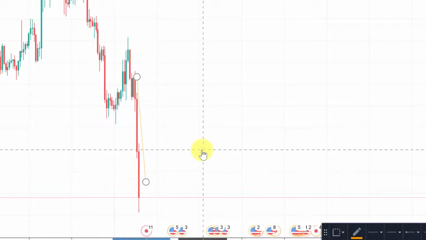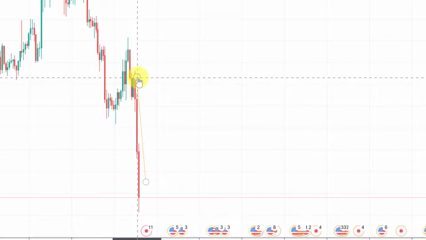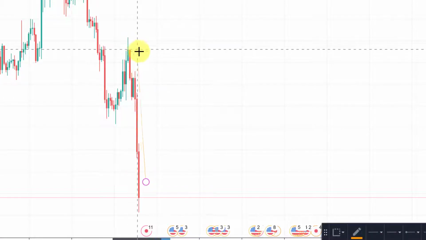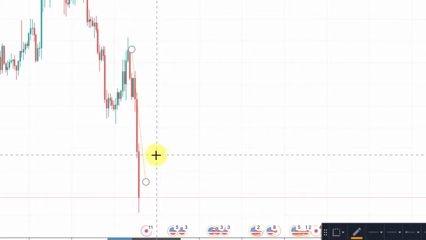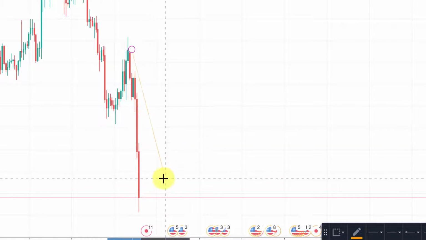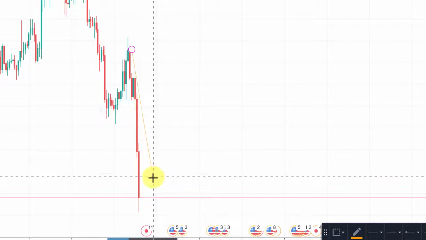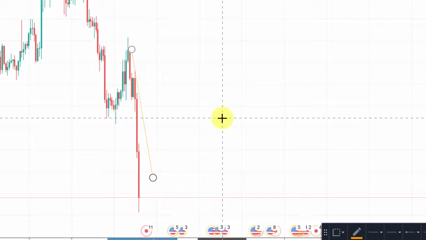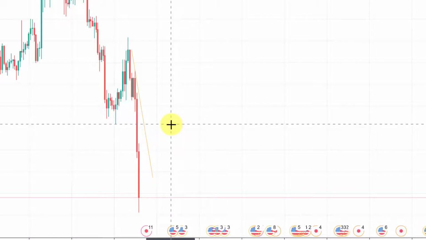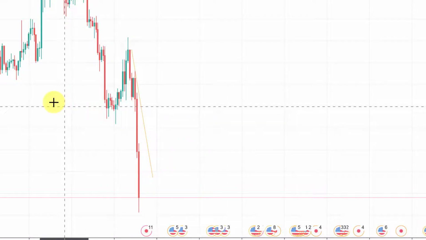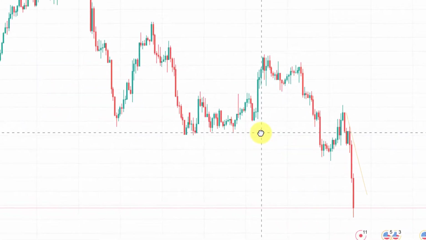You see that? I match the tops. Maybe some trader would think, hey, I got a trend line here. It's definitely going down. But that's just not going to get you an accurate result and accurate prediction of where the market is going.